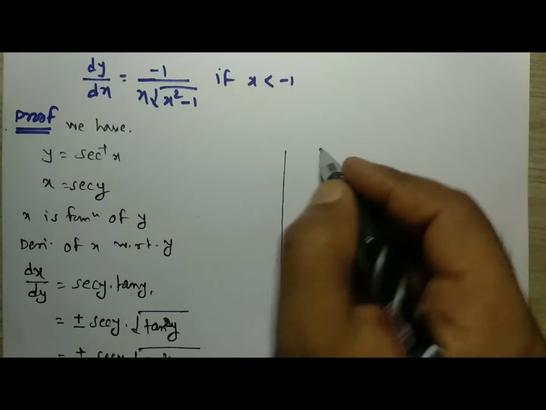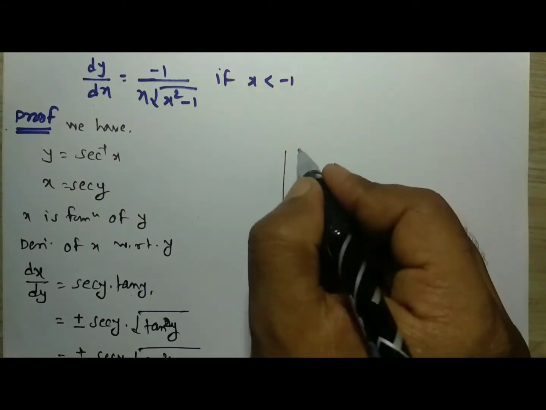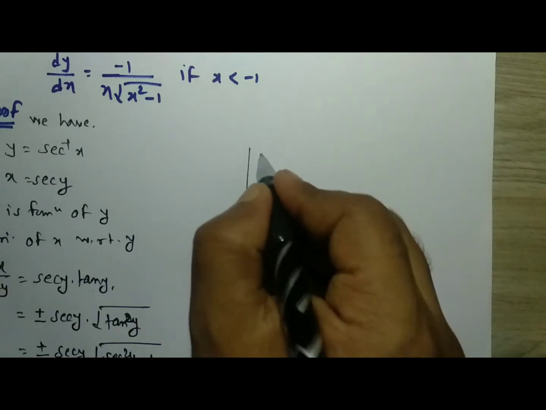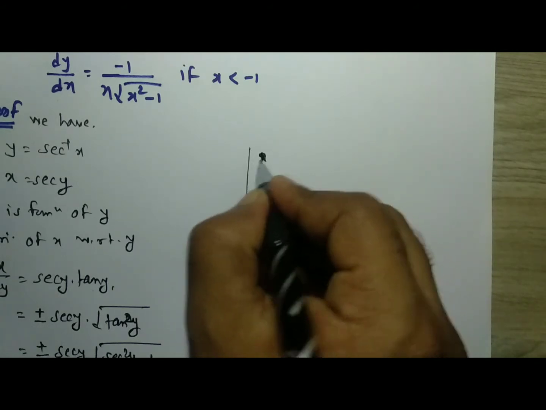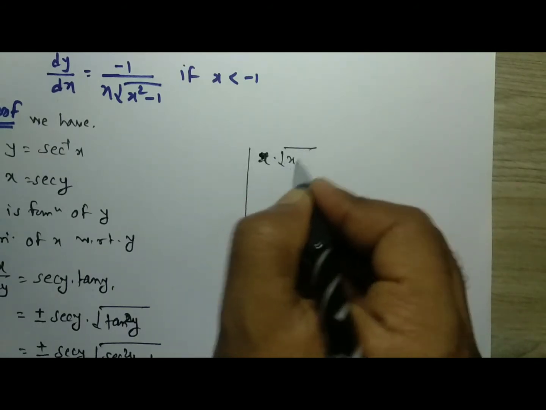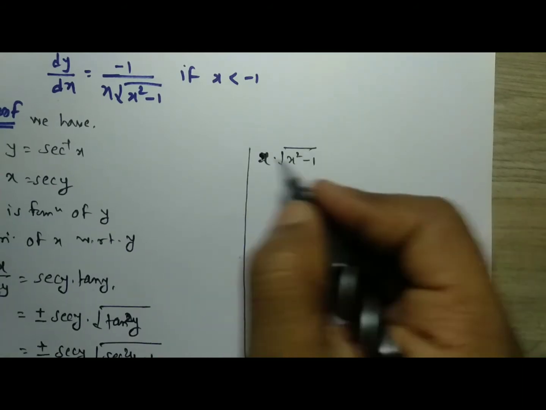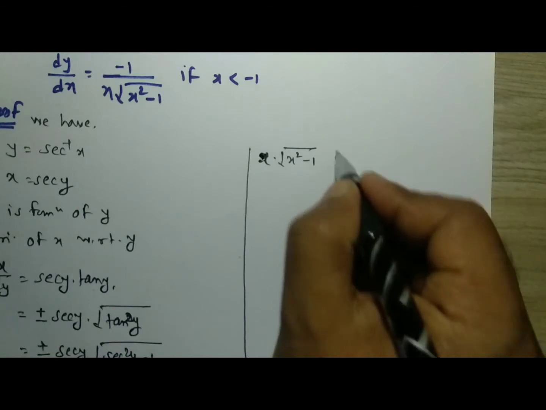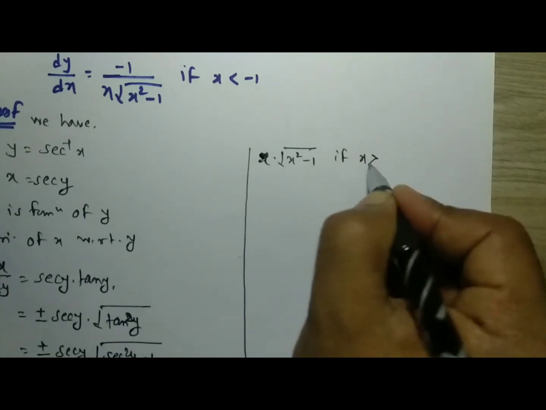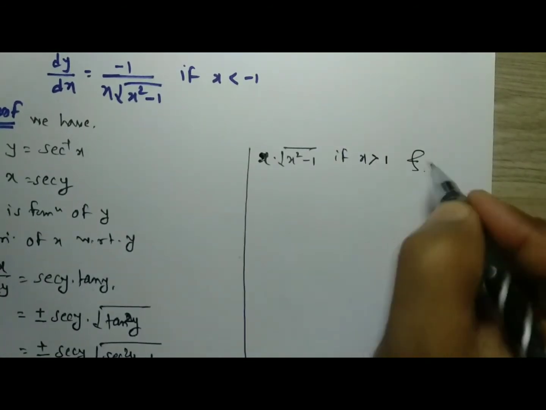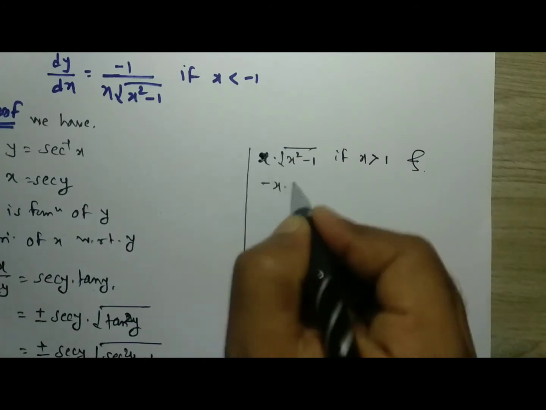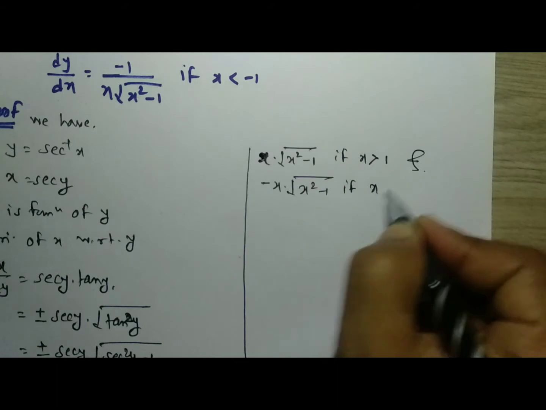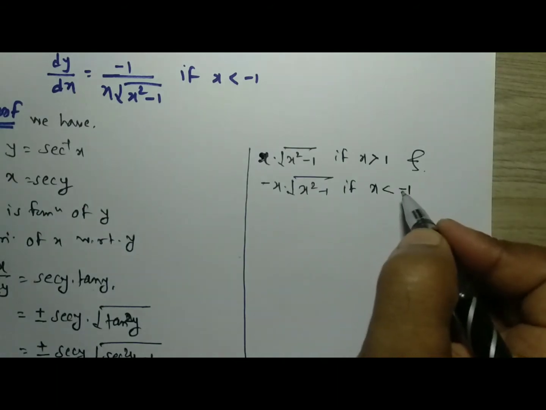It is taken with a plus sign if x is greater than 1, and we get minus x into square root of x square minus 1 if x is less than minus 1.